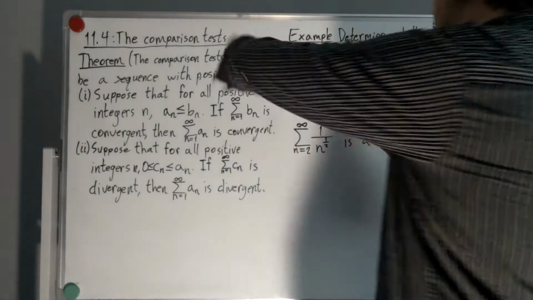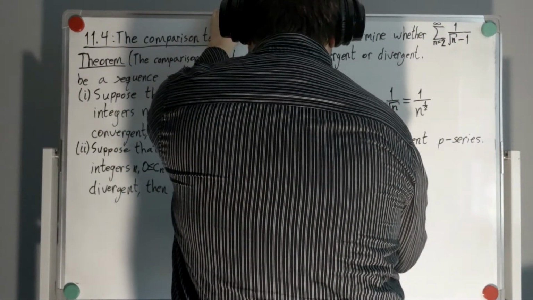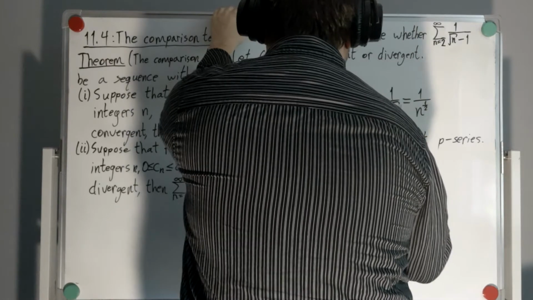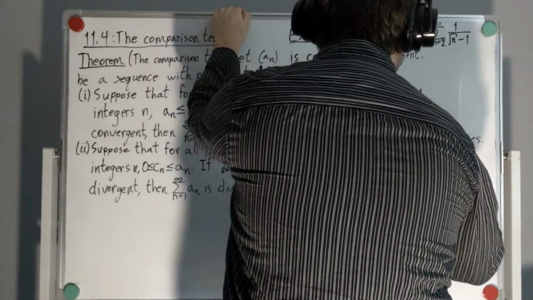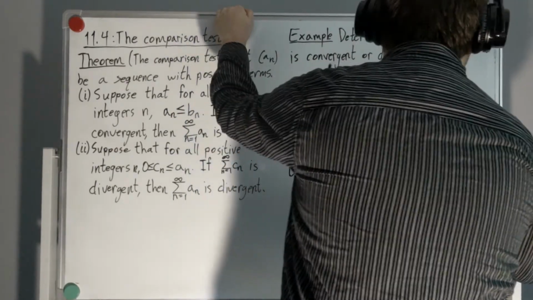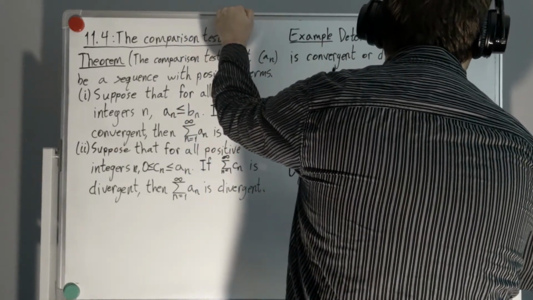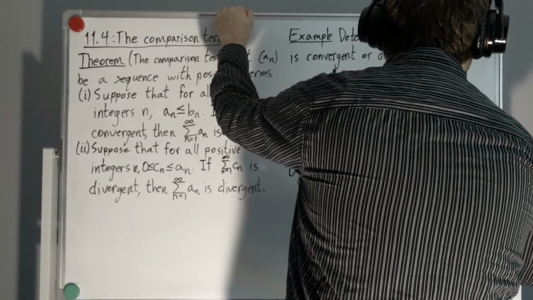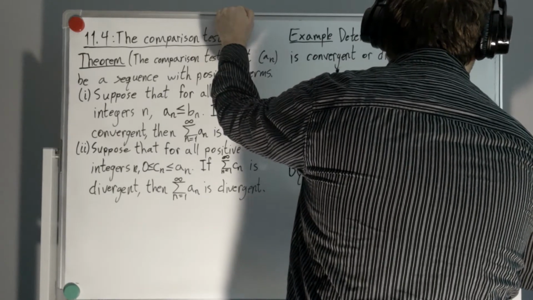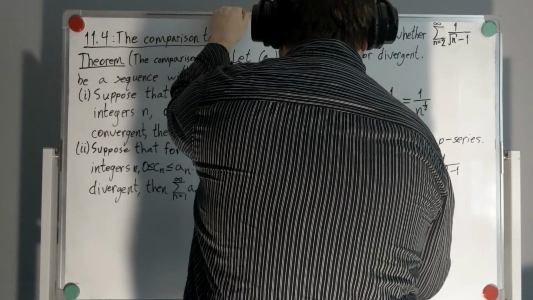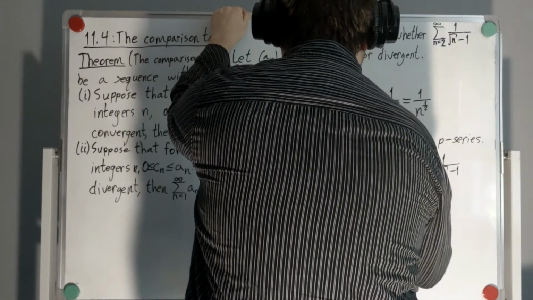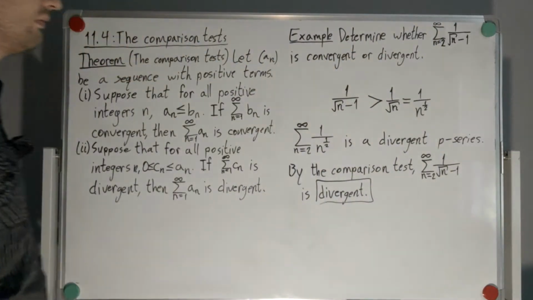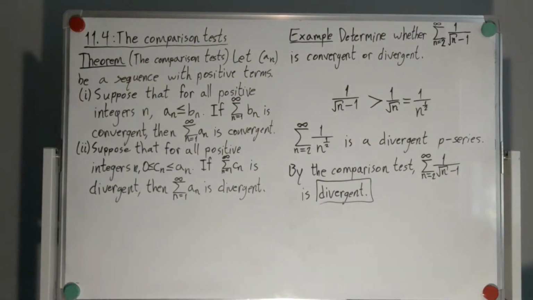Okay? So we just have to say, by the comparison test, the sum from n equals 2 to infinity of 1 over the square root of n minus 1 is divergent. Okay.